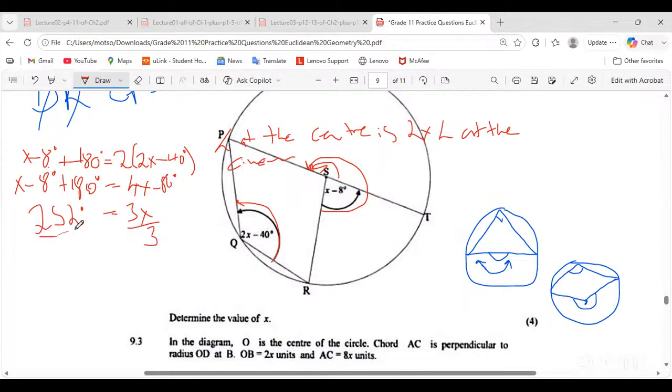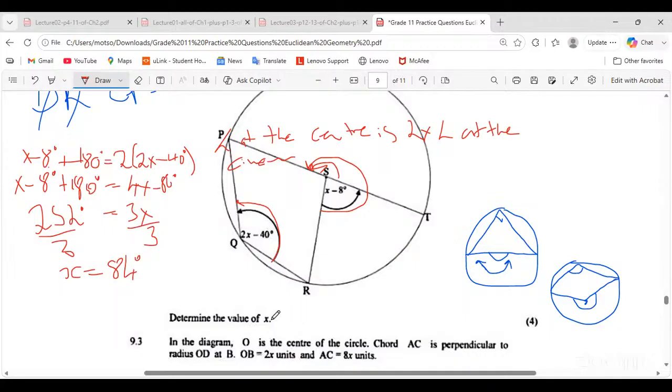I divide by 3. Now my x is equal to 84 degrees. Then you are done. And now you have your beautiful 4 marks inside the pocket. I hope that made sense to you guys. It was a very beautiful question, eh?